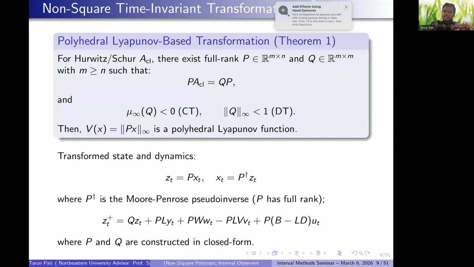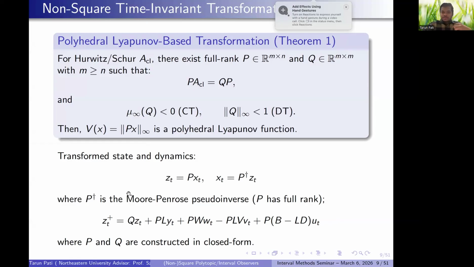Then there exists a full rank, potentially tall matrix P, and a square matrix Q such that P multiplied by ACL is equal to QP, with the additional property that for continuous systems, the log norm of Q is less than 0, or for discrete systems the induced infinity norm of Q is less than 1. So in P dynamics, the state matrix Q is contractive.